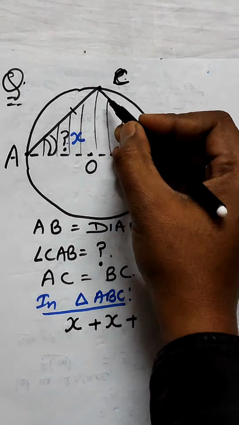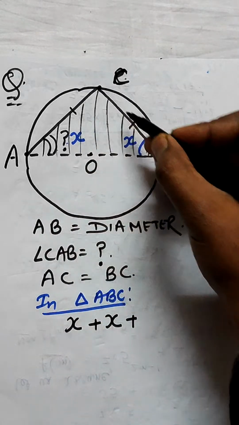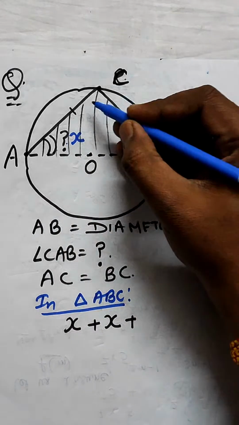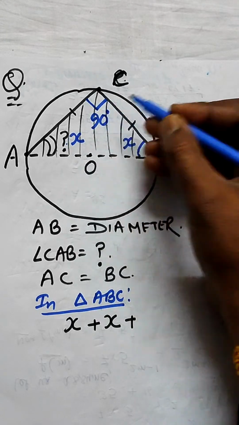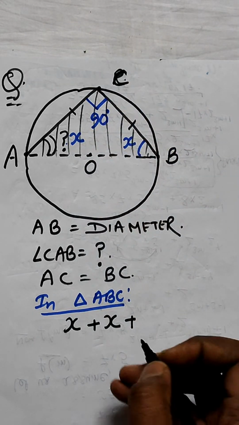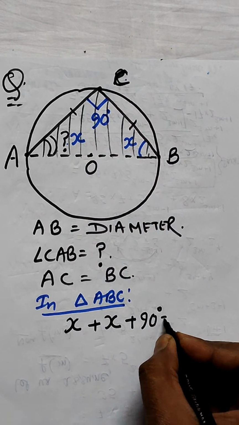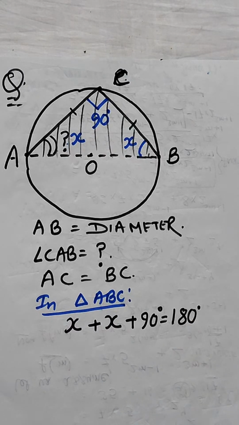And what will be the third angle? You can see this is the diameter, and ACB is the angle in the semicircle. So this will be equal to 90 degrees, right? So x plus x plus 90 degrees will be equal to 180 degrees, isn't it?